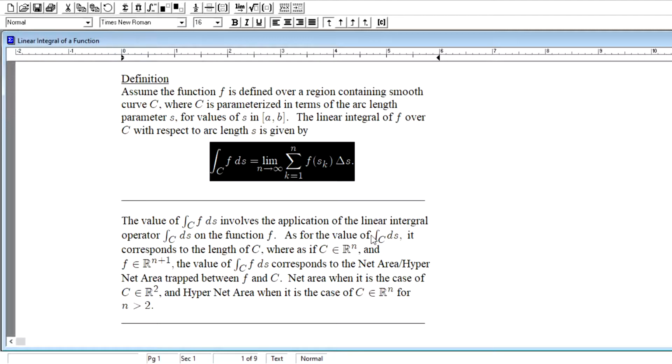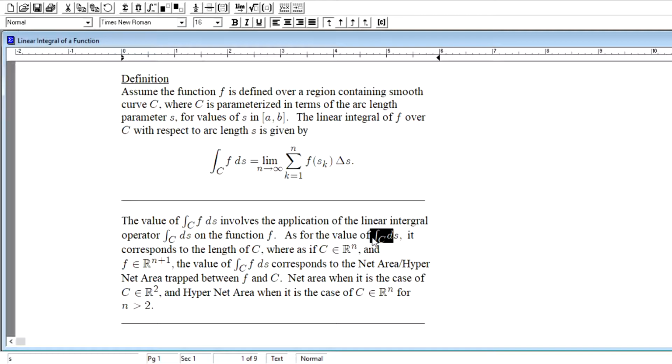Well, in general, the value of the linear integral operator does have a very generic understanding, and what it corresponds to is what we call the length of C. When we integrate curve C with respect to its length, it corresponds to the length of C in value.